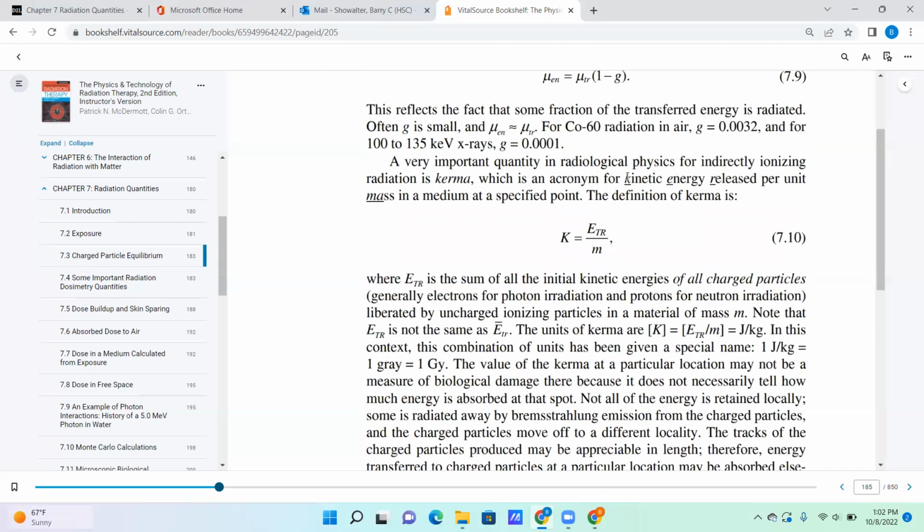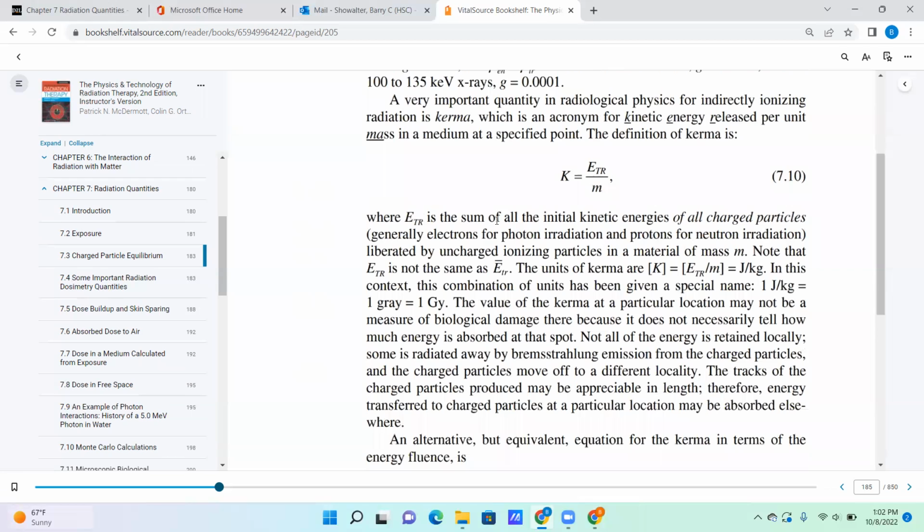A very important quantity in radiation physics for indirectly ionizing radiation is called kerma, which is an acronym for kinetic energy released per unit mass in a medium at a specified point. The definition of kerma is this, where E sub TR is the sum of all of the initial kinetic energies of all charged particles, generally electrons for photon irradiations, and protons for neutron irradiations.